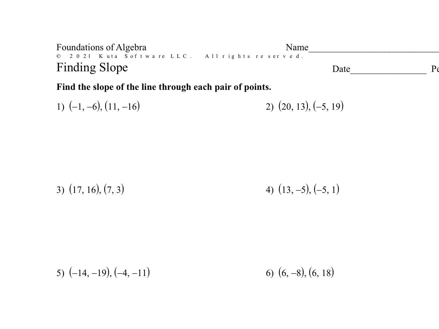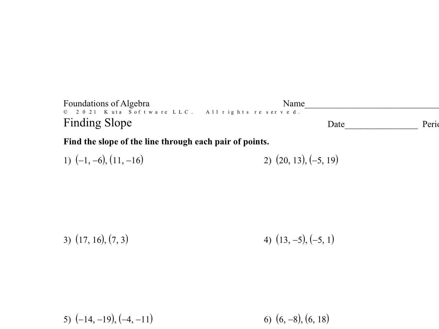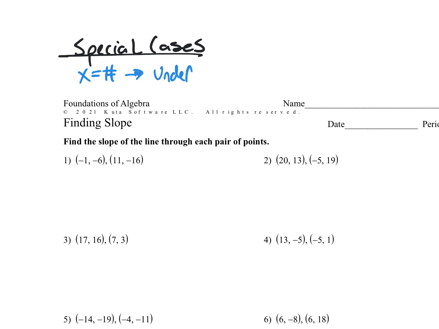The other thing that I want to remind you of are your special cases. Okay, so at the top, I'm going to talk special cases real quick. Some things to remember. Special cases. When it is x is equal to a number, this is a slope that is considered undefined, and if you were looking at it on a graph, it is a vertical line that goes up and down, all right?